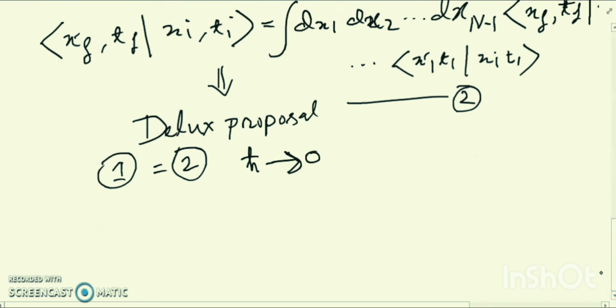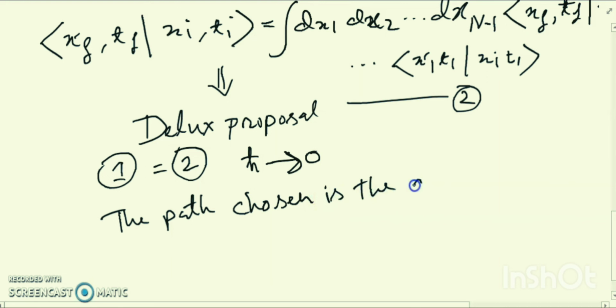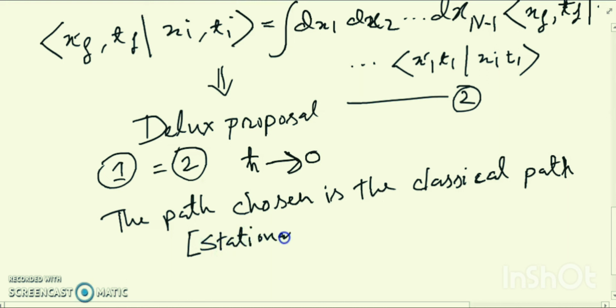So this is called stationary: the path chosen is the classical path. So it is the stationary phase argument.